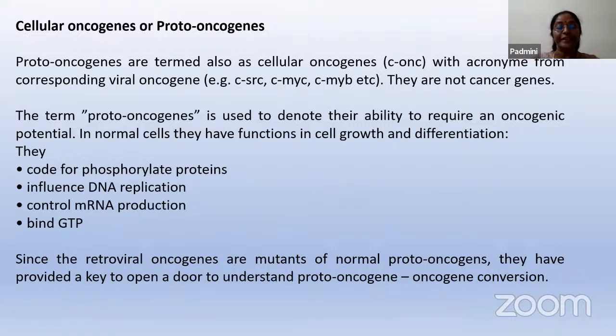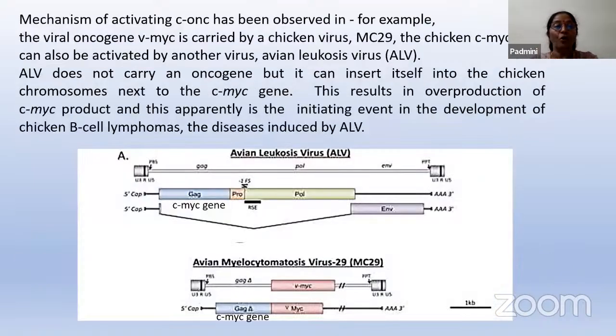Since the retroviral oncogenes are mutants of normal proto-oncogenes, they provide a key to understanding proto-oncogene to oncogene conversion, how a proto-oncogene gets converted into an oncogene. So what is the mechanism? We'll talk about one example of a mechanism of activating an oncogene. So we are going to talk about c-onc activation.